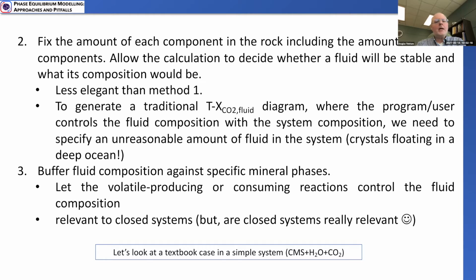The other case there, labeled number 3, is you let the mineral phases and the phase equilibria directly control the composition of the fluid. And that would be more relevant to, say, a closed system where you're not letting fluid come into the system or even fluid escaping the system. And so let's have a look at those two particular cases.